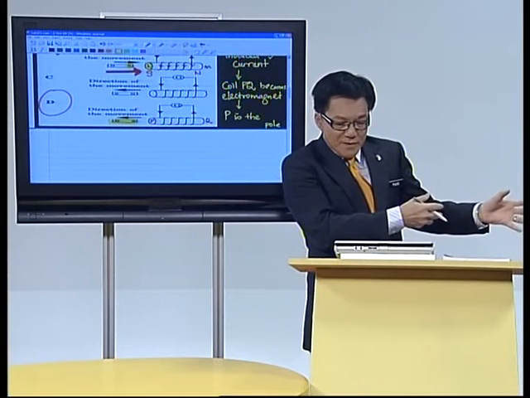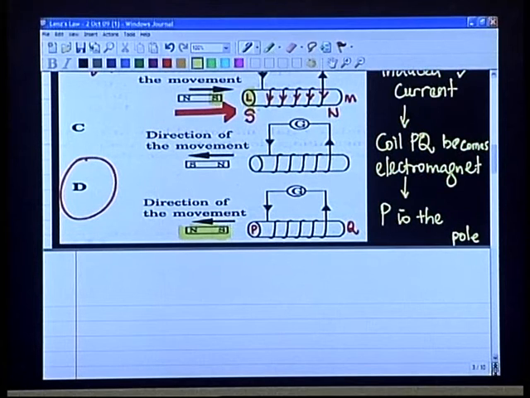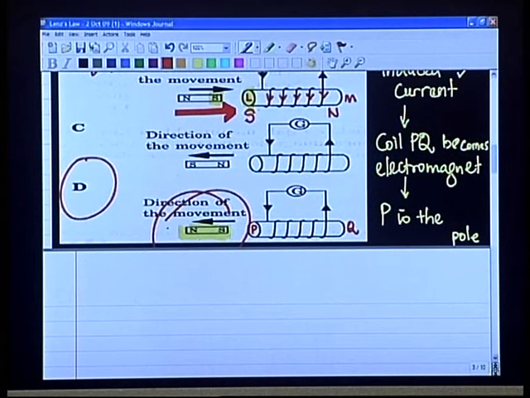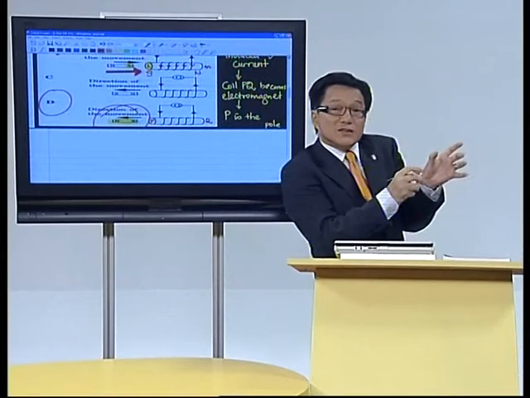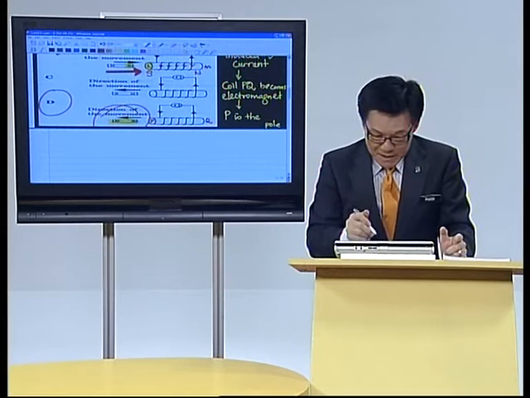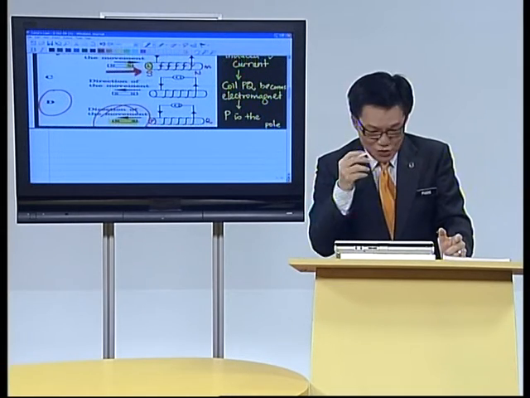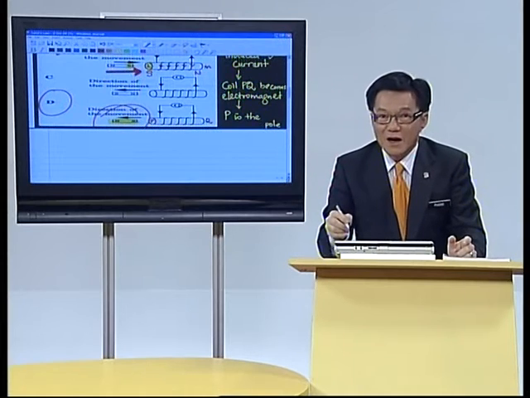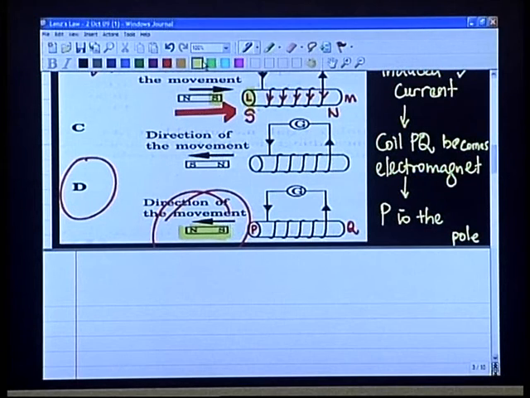Do you get it? So the magnet here wants to go away, but this coil PQ does not want the magnet to go away. It wants to attract it back. So P must be which pole? P must be the north, so that it will attract the south. It doesn't want it to go away. So P is the north.